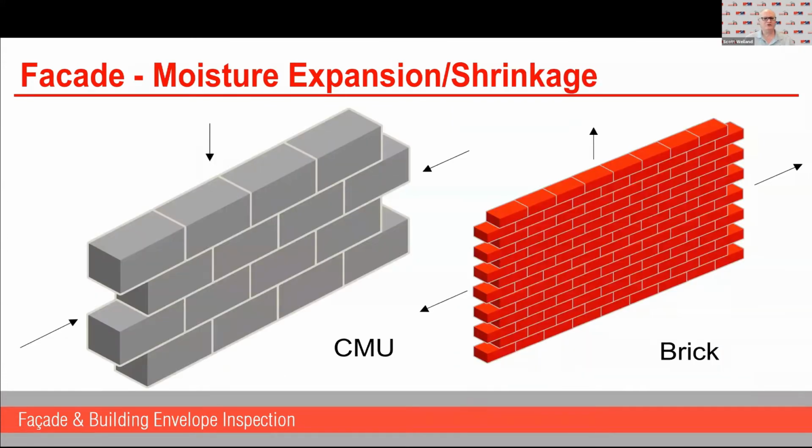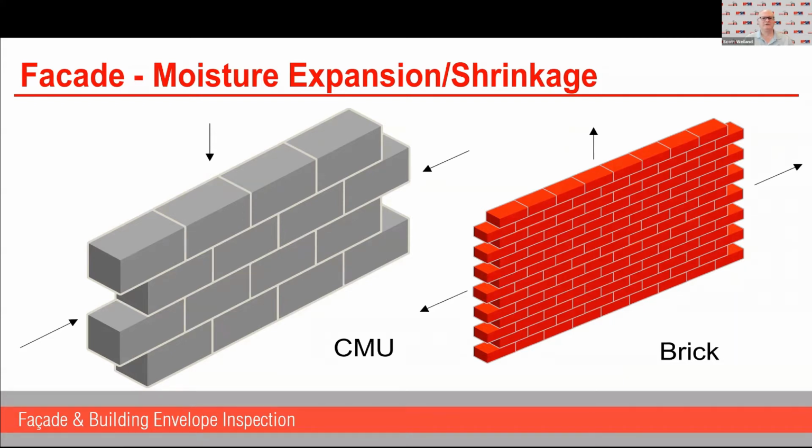I mentioned moisture expansion contraction. Concrete and concrete CMU is the largest after it's cast. It's got a bunch of water in it, and water will disappear through hydration and also evaporation, and the concrete will shrink.